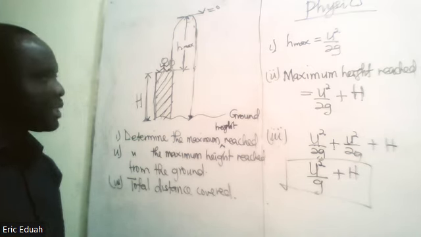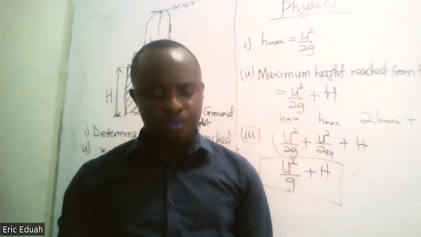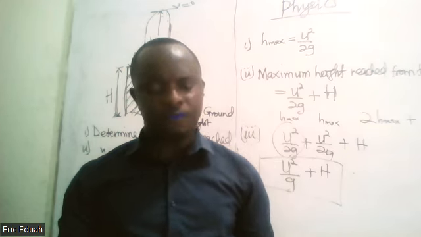Are we ready? Please. A ball is projected vertically upwards from the ground with a velocity of 20 meters per second.